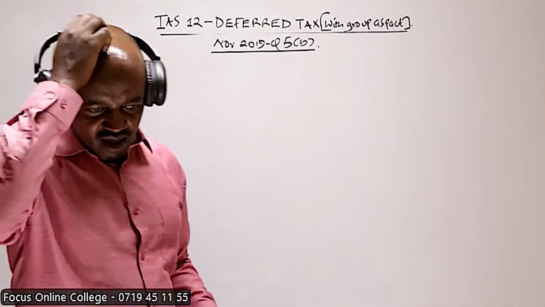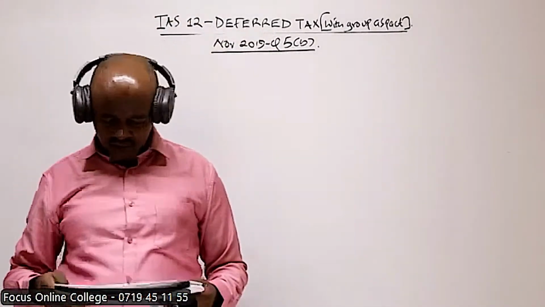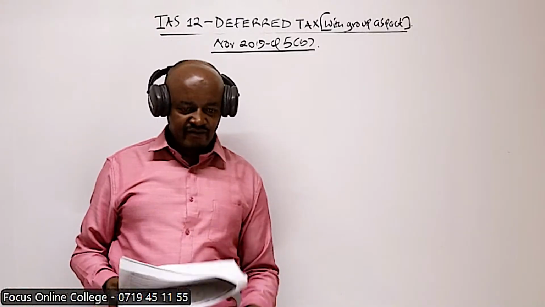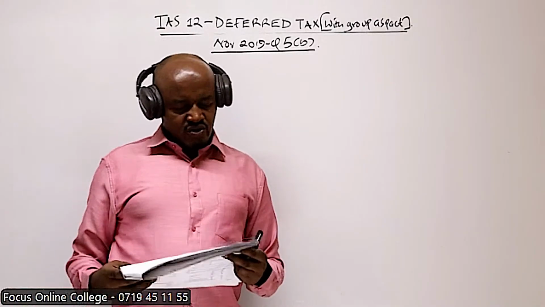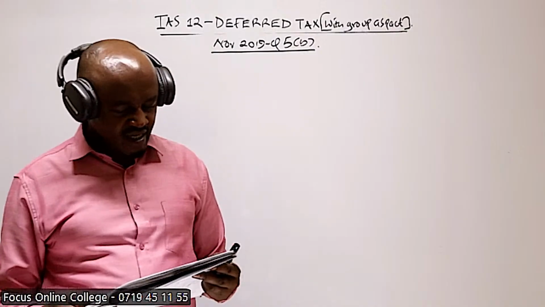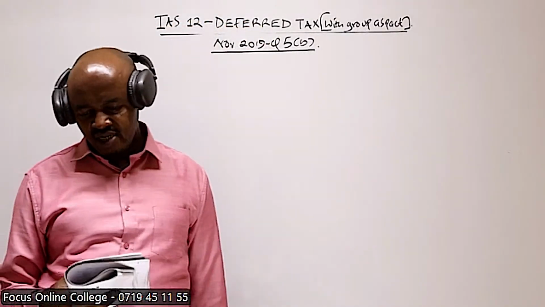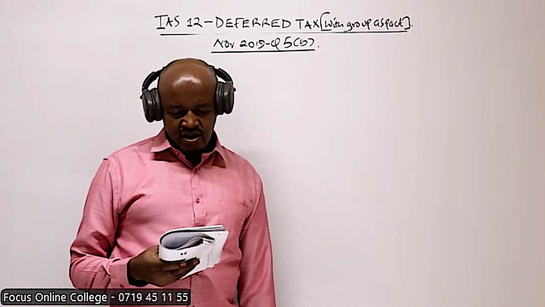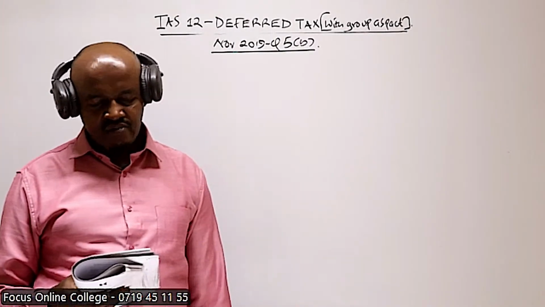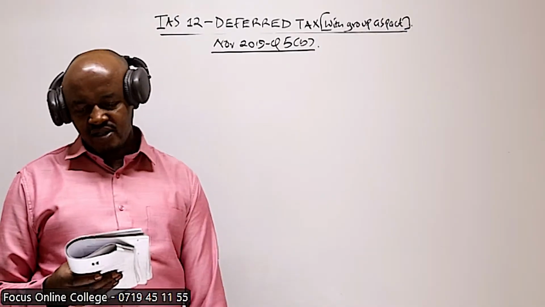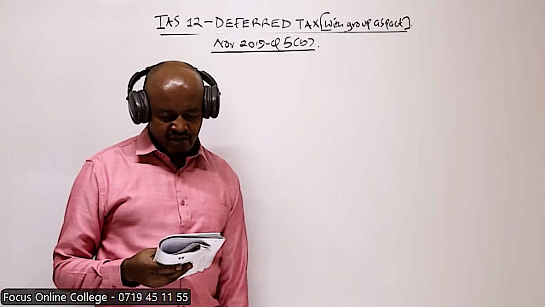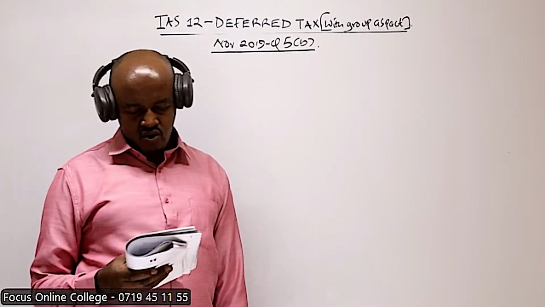So what are we told in this question here? That is question number 5B. The question is, Mafuta Limited has a deferred tax liability as at 1st of October 2018 of shillings 400 million. For the purpose of preparing financial statements for the year ended 30th of September 2019, the following additional information is available.